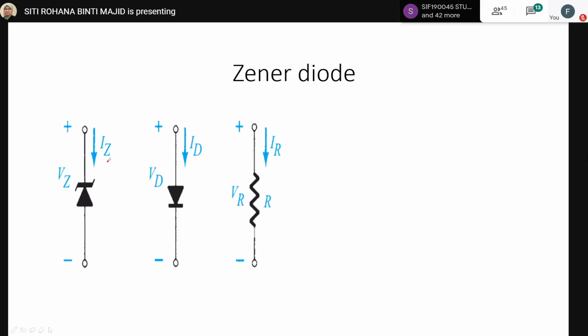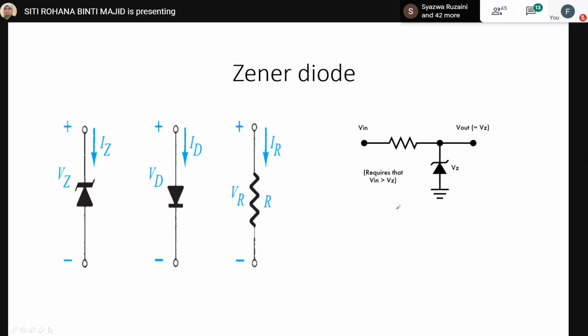The basic circuit with a Zener diode is like this. From here they have a Vin and we can measure the Vout. The function of the Zener requires that Vin should be bigger than Vz. So there are a couple of things we need to consider.